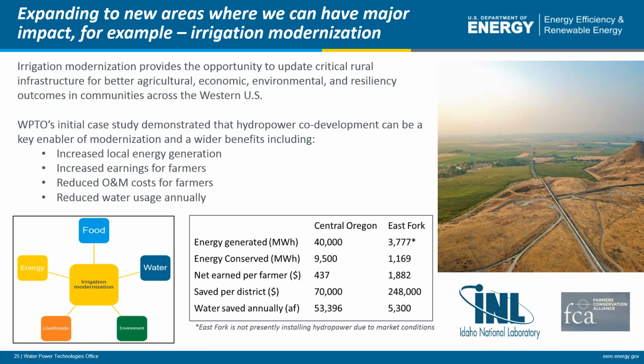We worked with our national laboratory, Idaho National Laboratory, to look at a case study of how hydropower can really be the driver of irrigation modernization. And what we have found is that using a revenue stream from a small hydropower project can provide the resources necessary to improve irrigation systems by installing pressurized piping rather than open channels, and more accurately measuring flow using sensors from the hydropower project.